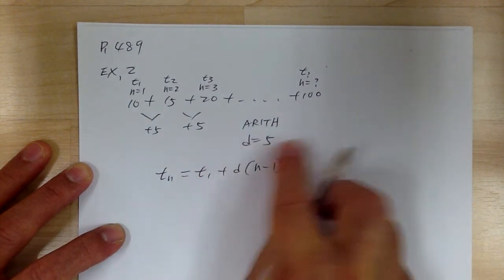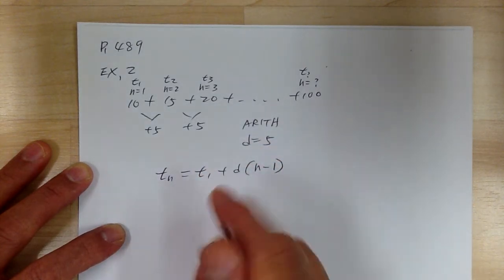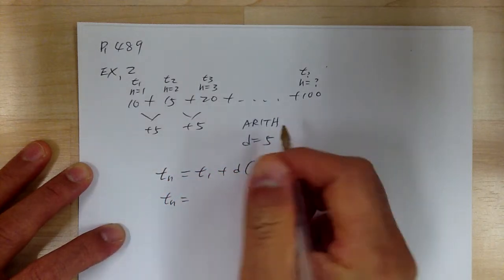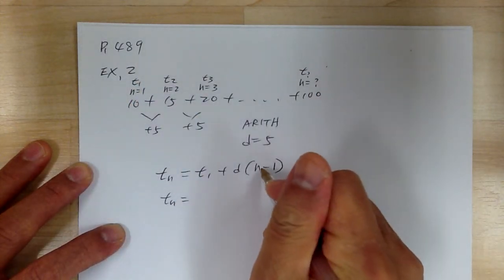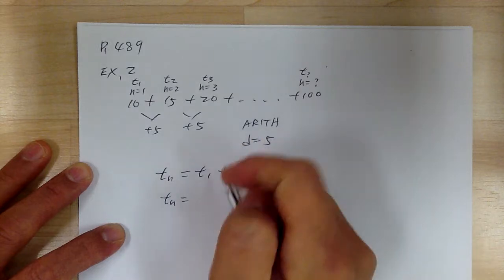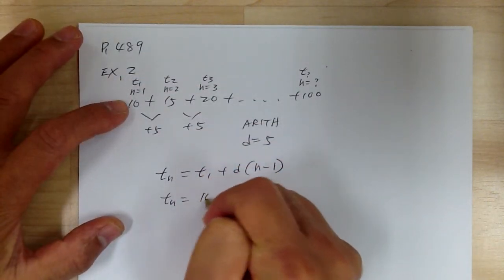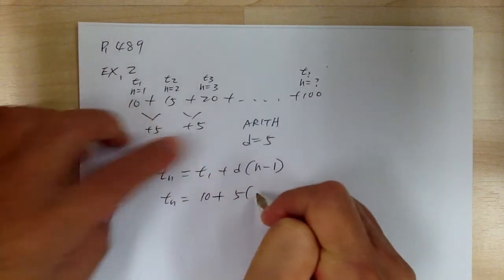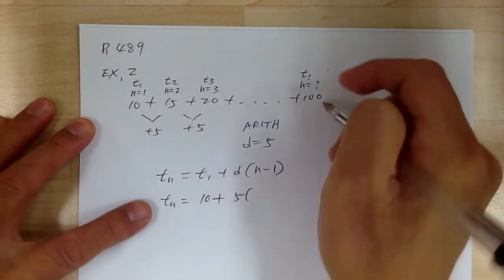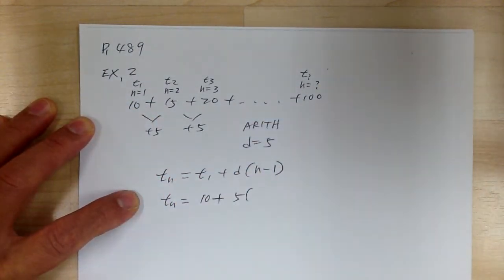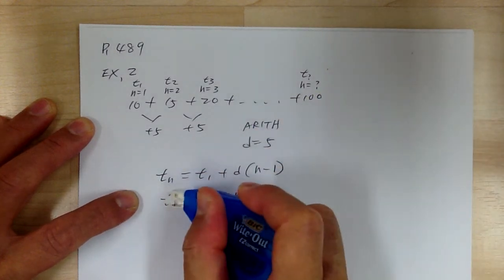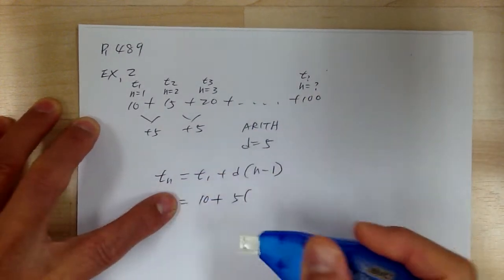First, let's get all our information. Let's look for the n first. T of 1 equal to 10, d equal to 5, T of n over here is 100. So we know that T of n is 100, so let's put 100 in here.